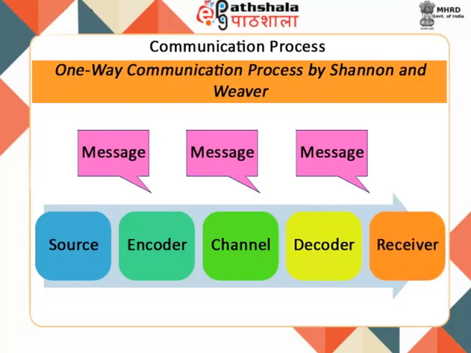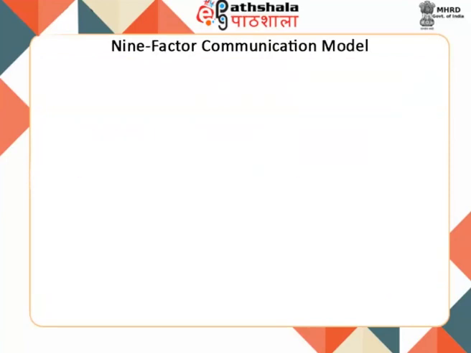The possibility of the receiver becoming the source of the message in the form of transmitting reactions to the message has not been incorporated in the model, and communication is not that effective. For effective communication, there has to be a two-way process so that mutual understanding can be created.